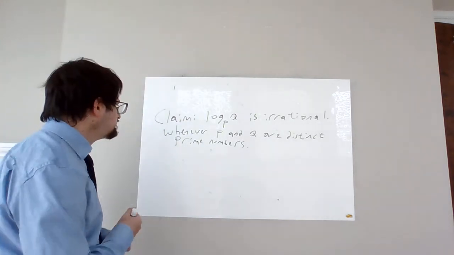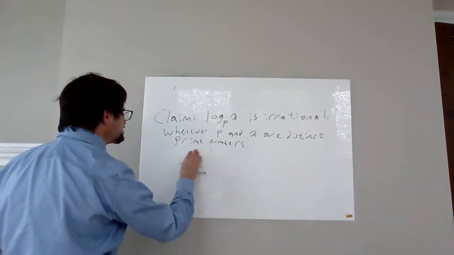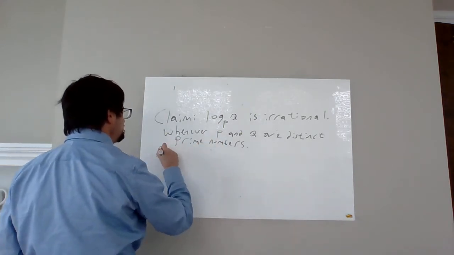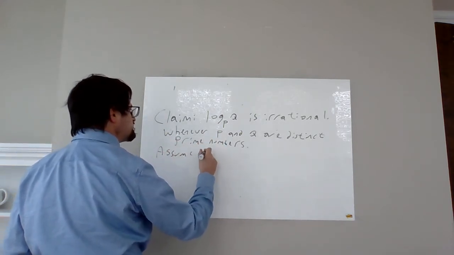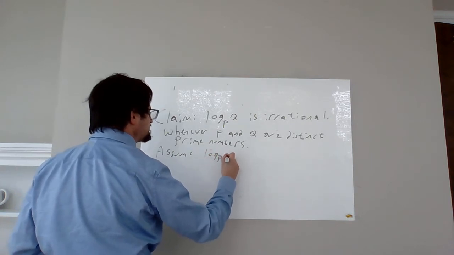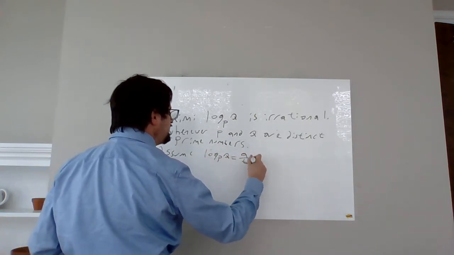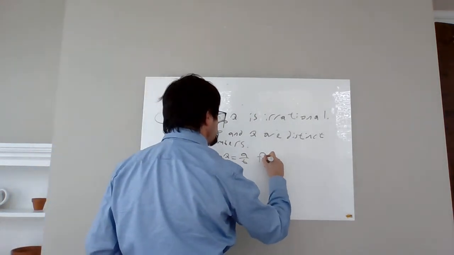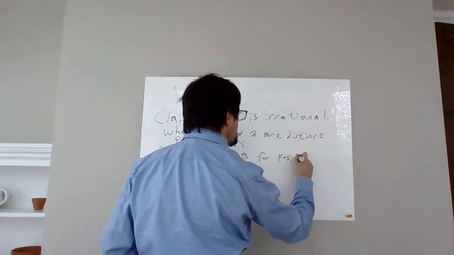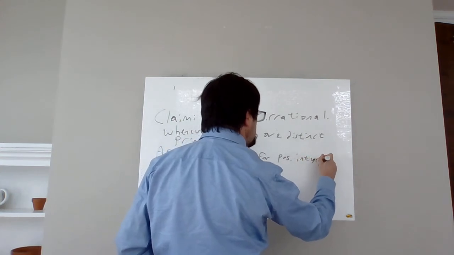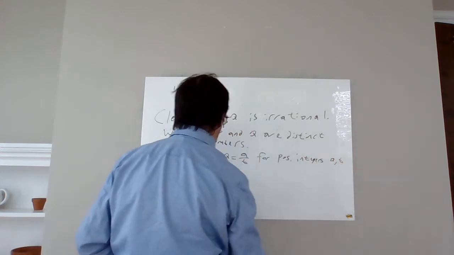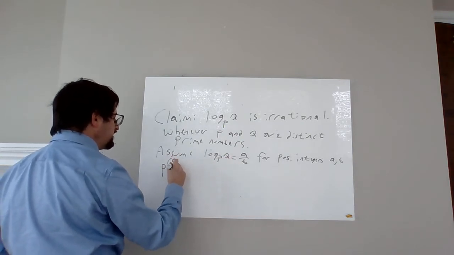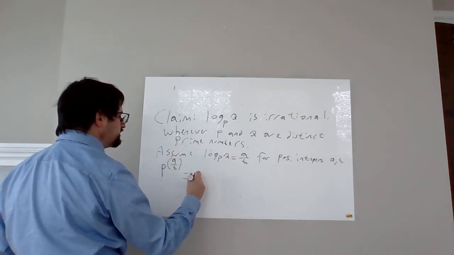Okay. So let's follow the same sort of argument we made earlier. So we're going to assume log base p of q equals a over b for positive integers a and b. This is the same thing as saying p to the a over b equals q.